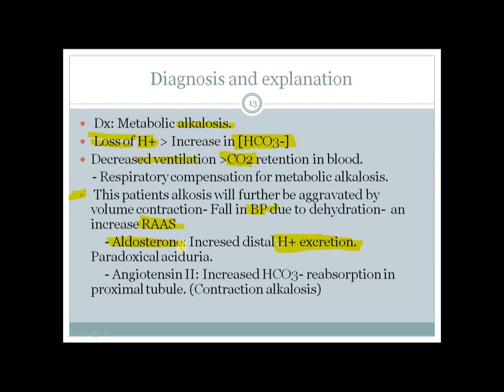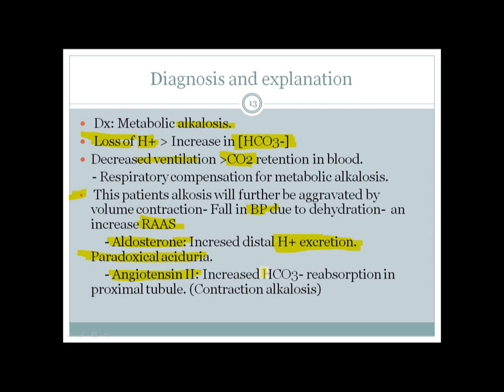But the cost it pays for doing that is that it increases hydrogen excretion. So you have already lost hydrogen and still you are losing hydrogen, and that's why it's called paradoxical aciduria.